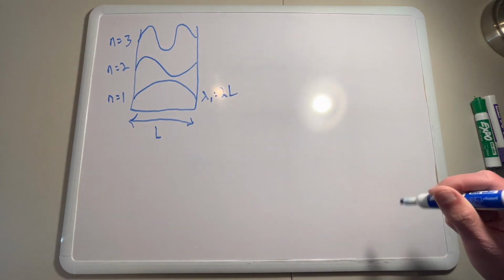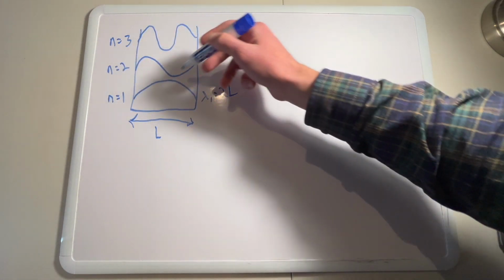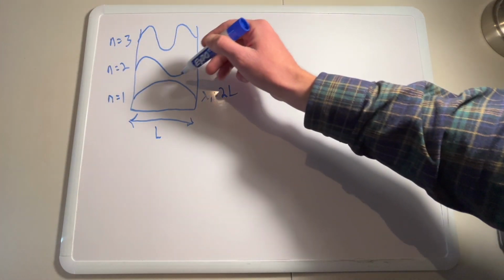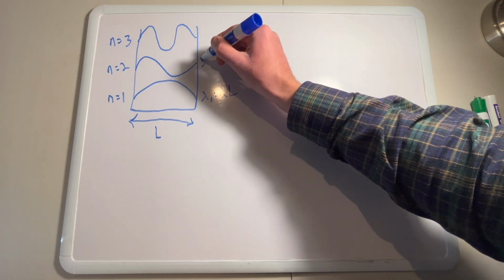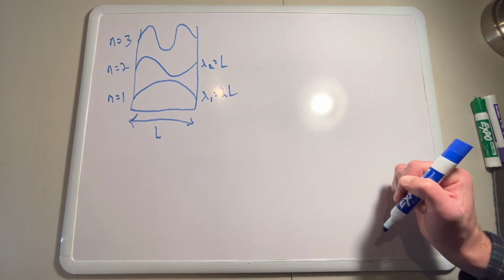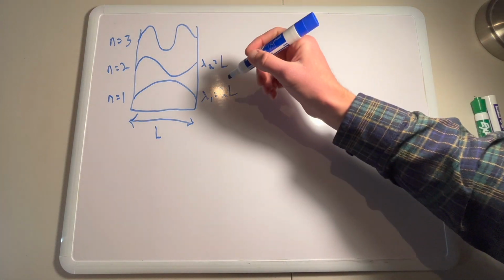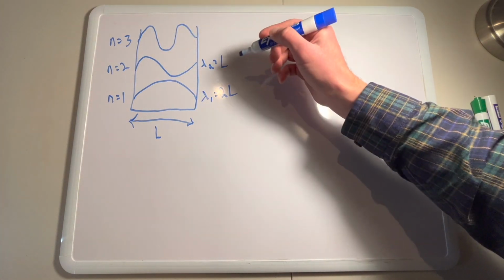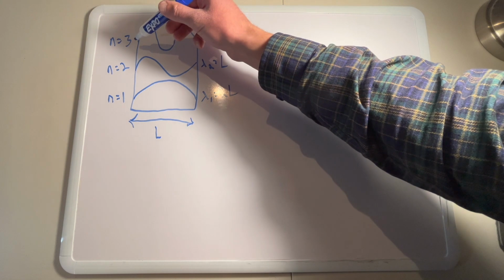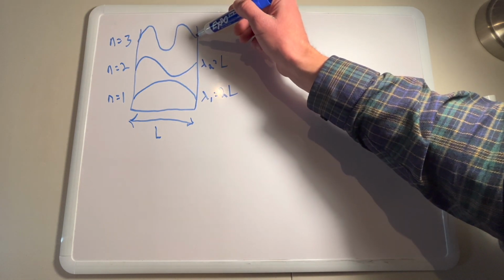All right. Now this one's a little simpler to think about. It's just L, right? We get an up and a down. So wavelength number 2 there is L. Perfect. And then this third one here, well, that's one full wavelength, and then you get an extra bit there, right?